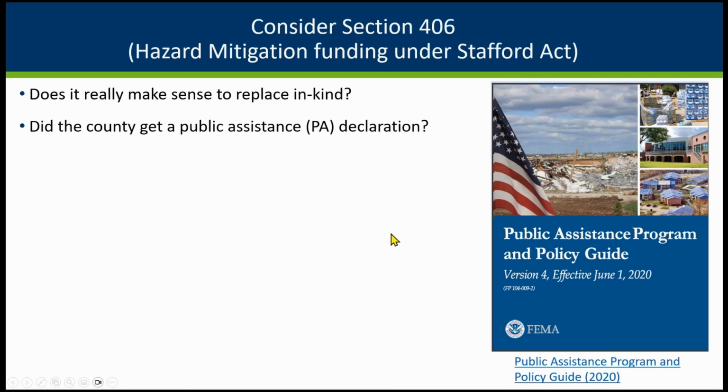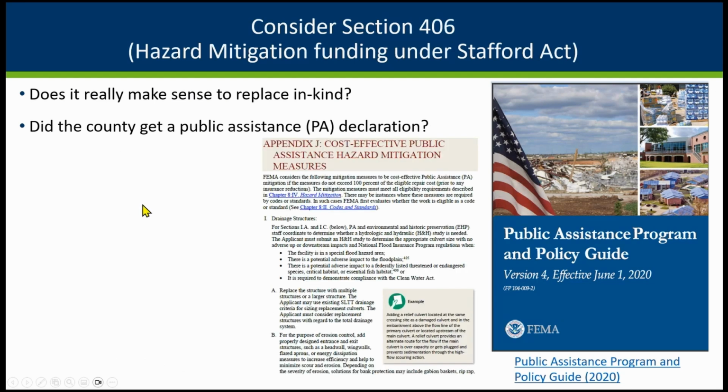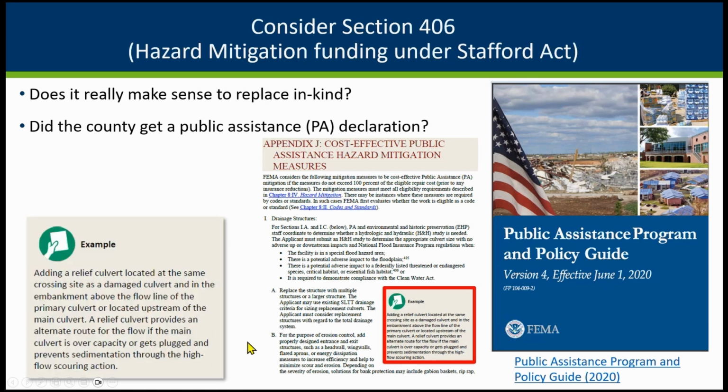Looking at repairing damage, one of the things we like to encourage is that you look at, does it make sense to replace it in kind? Is that culvert that got blown out something you should put back as an undersized culvert that you know is going to get blown out again? And there is something called the Section 406, where they will help with the cost to replace it in a safer way.